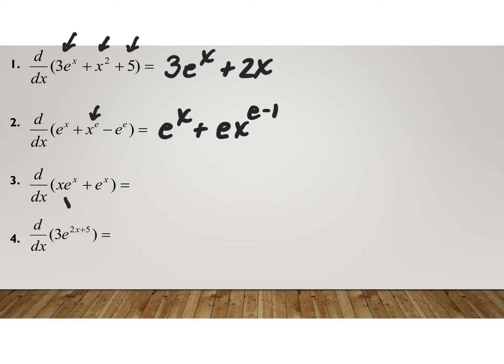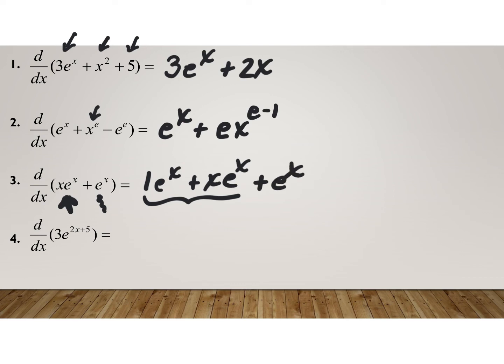Next term, this first one, we are going to use the product rule on that. So it's the derivative of the first, derivative of x is 1 times the second, plus the first times the derivative of the second, e to the x is e to the x. And then now we go to the second term. All of this comes from this guy here. Now we're going to take this derivative of e to the x is e to the x, and we can leave it like that.